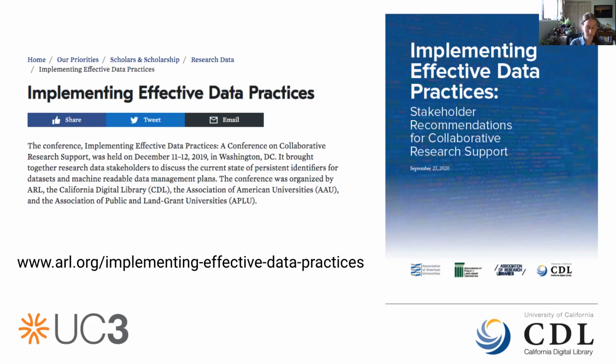We talked about the current state of persistent identifiers for data sets, and we talked about machine readable data management plans. This conversation came about because of an NSF Dear Colleague letter, which said that researchers should be doing these practices. So we talked about promoting these good practices and how we can push the community forward to implement the recommendations of NSF. So we produced a report.